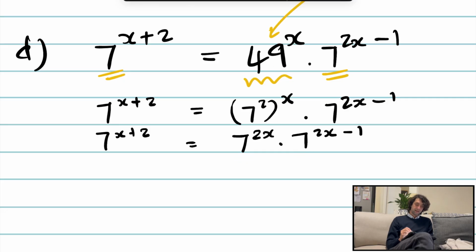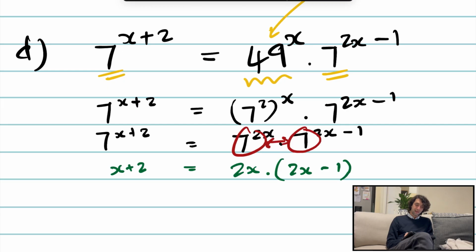That would be incorrect, because if I had to drop the base now, just for argument's sake, you might end up with something that looks like this. Be very, very careful. This is incorrect, okay? We need to glue these together first into one base, and then we can drop the bases. Okay, so what does that look like?